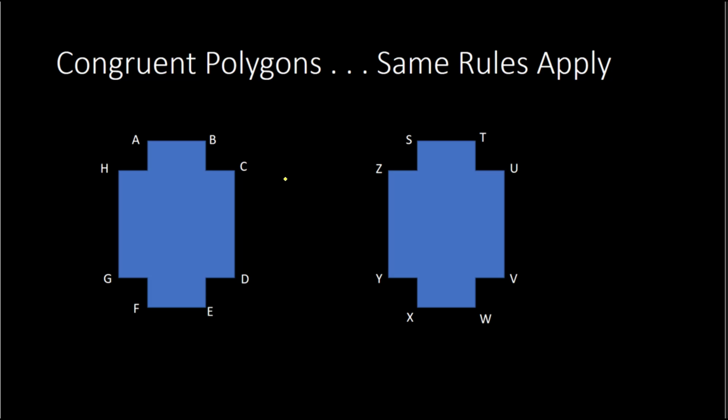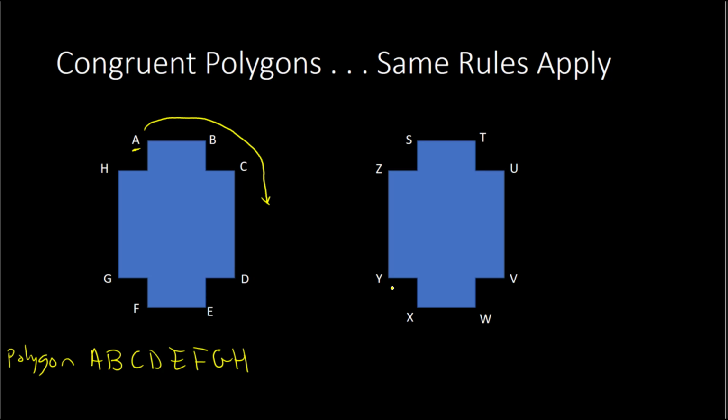So if we want to write that these two polygons are congruent, for this first polygon we pick a letter to start from. Let's pick A to start with. When we name a polygon, we start at any letter and then go either clockwise or counterclockwise. So if we go clockwise around the different vertices, we have A, B, C, D, E, F, G, H. We just write out all the letters, so this is polygon ABCDEFGH.